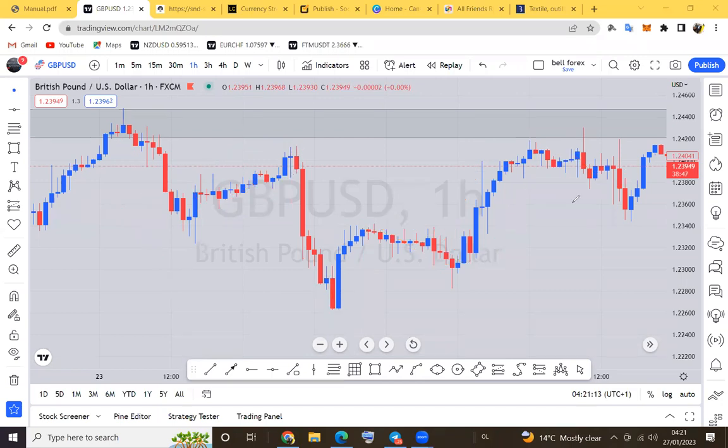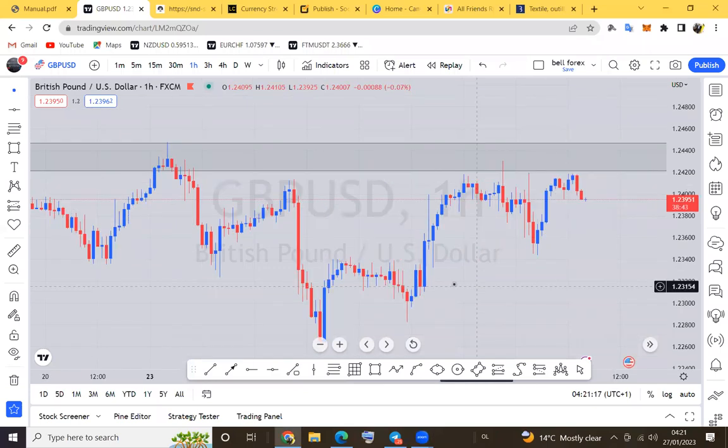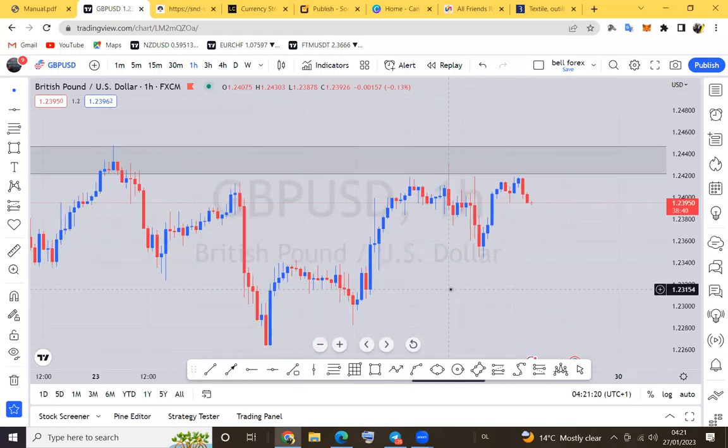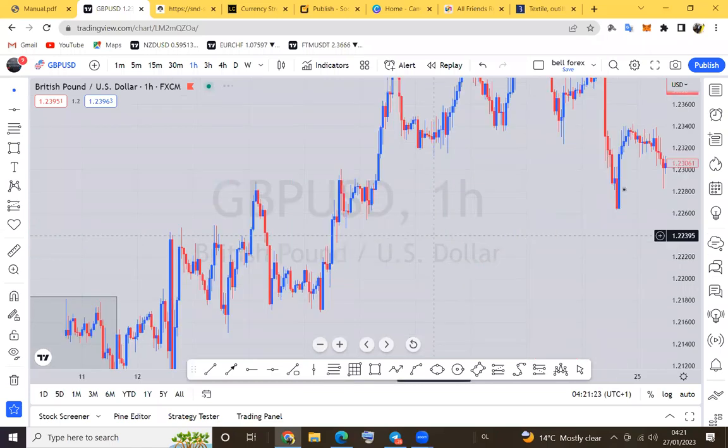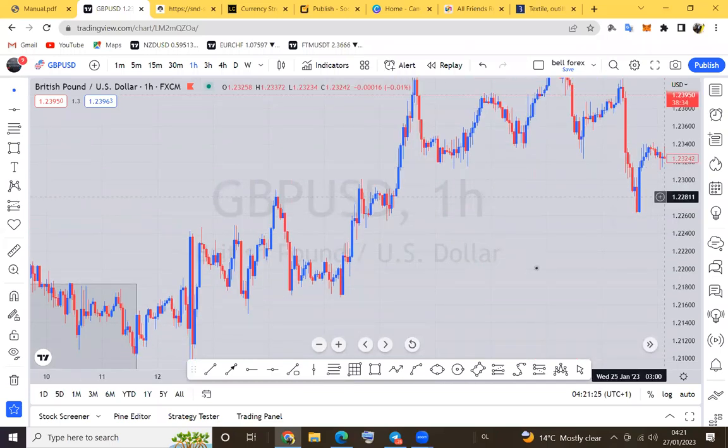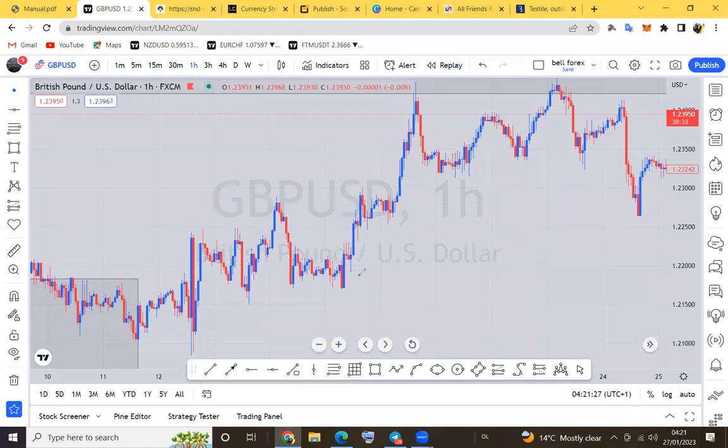So my dear friends, use your eye. Use your eye very well when it comes to the chart. You can see it on your chart clearly. When it comes to the movement, you can see the impulsive moves are very healthy and the pullbacks find difficulties.